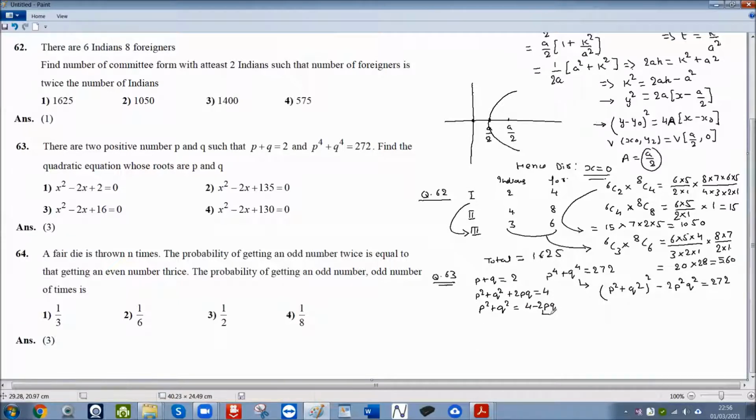Let us take PQ as y and put it in this relationship. So I get 4 minus 2y whole square minus 2y square is 272. Let's simplify this thing.